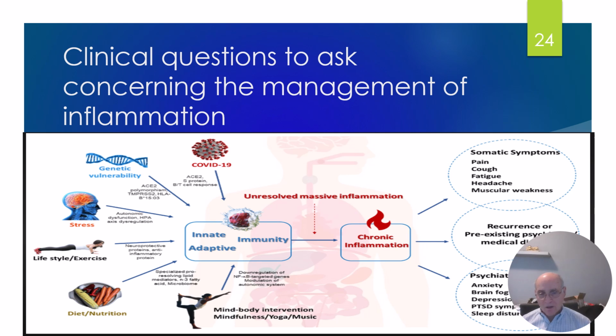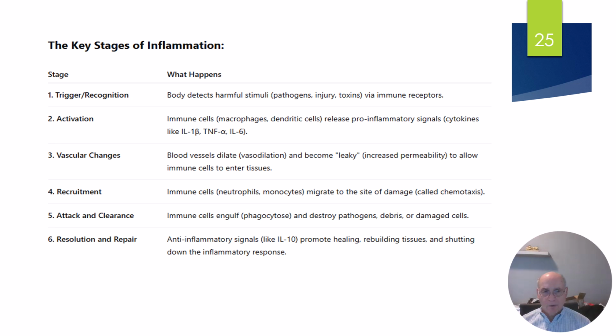Is it stress that's feeding the inflammation? Is it their diet and lifestyle? They don't get enough sleep. They don't have hobbies. They don't have friends. They don't do anything proactively. And that ultimately leads to unresolved massive inflammation that can lead to a whole host of problems. But the underlying concern is always try to understand what is causing the inflammation as opposed to treating the inflammation.